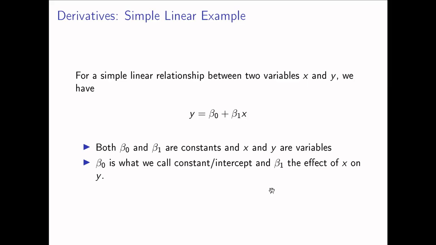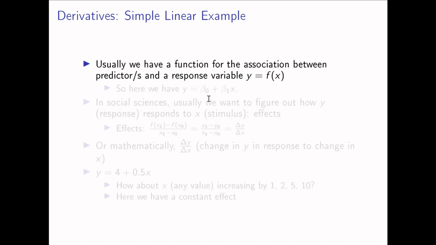And in statistics and data science in general, we want to actually describe the effects of x on y, and that boils down to describing beta 1 or kind of looking for beta 1. So again, let's use statistics as an example. Usually we have a function for the association between predictor x and response variable y here.